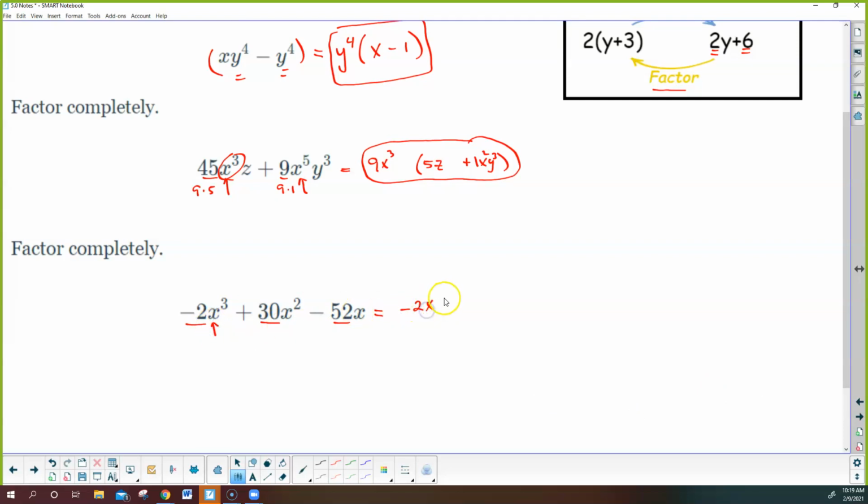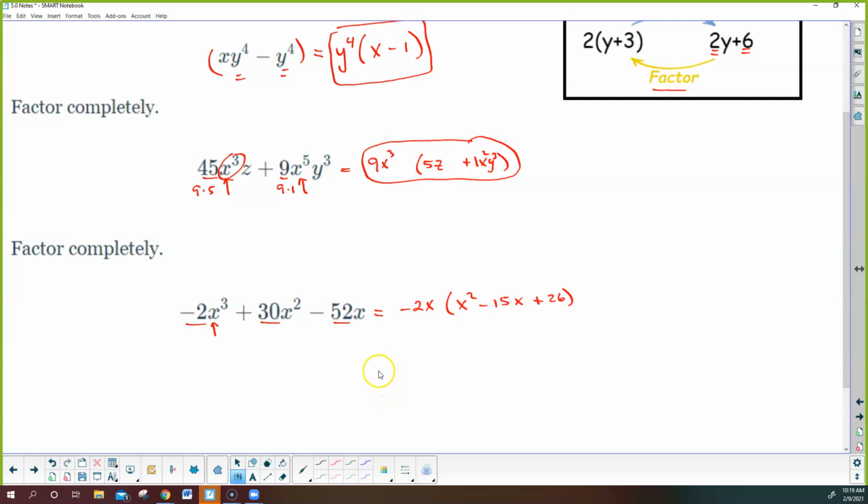So I'm going to take out what we call a common monomial term first. And when I do that, I get an x squared left over for this part. I get minus 15x left over here, and then I get a positive 26 left over here.